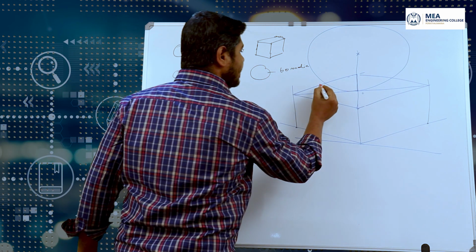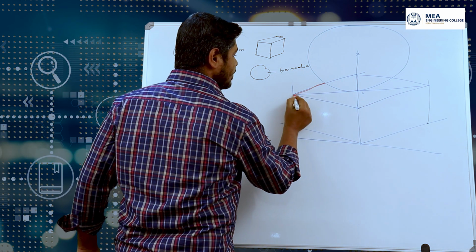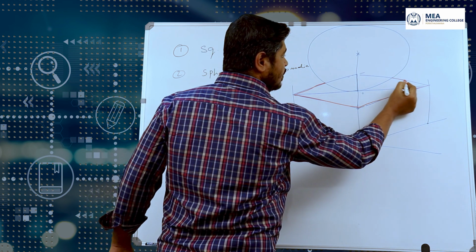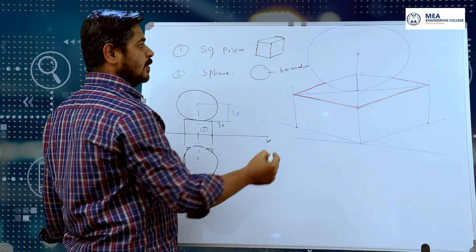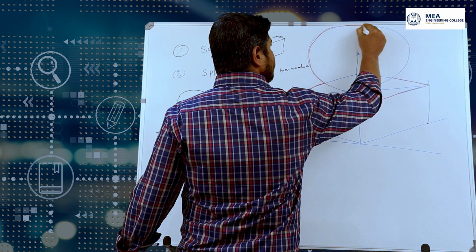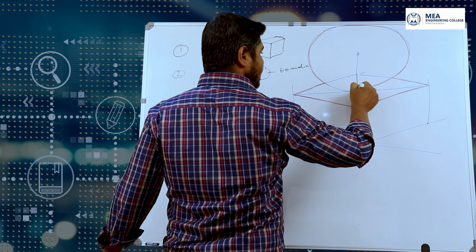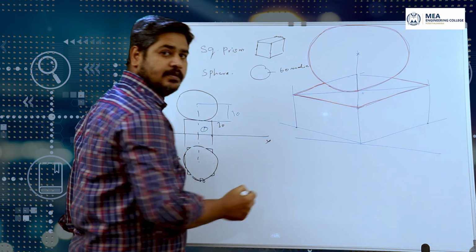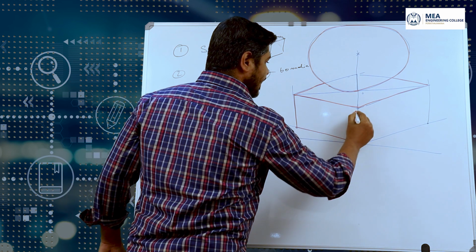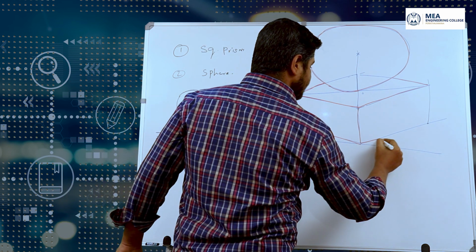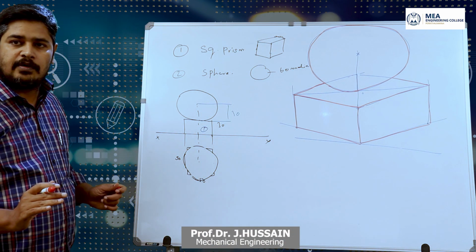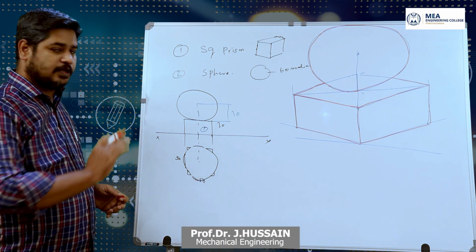Here the required things are this line, this line, this one, then this one. So these are visible. Then the circle is visible, and this circle indicates the sphere actually. Then the vertical edges and base edges of the square prism.